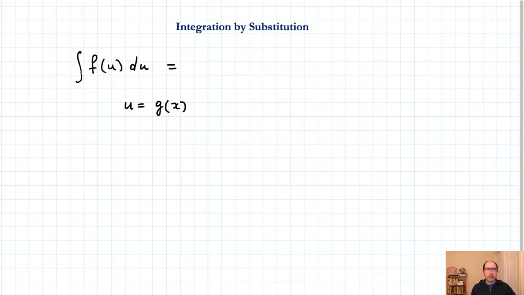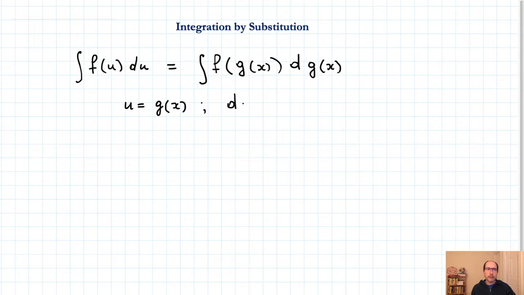Now, at first, this process is completely mechanical. We go into the integral of f of u du, and everywhere we see u, we replace it with g of x. And so what we get is the integral of f of g of x times the differential of g of x. And now we need to calculate the differential of g of x.